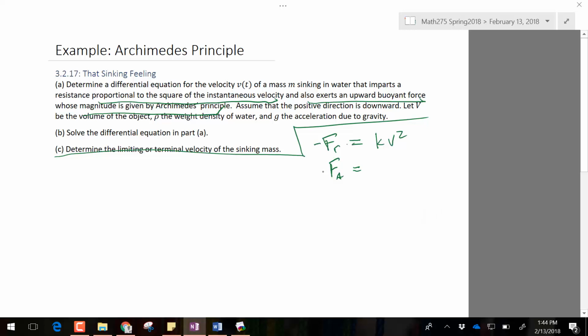We can make it negative now, but I was going to make it negative later. So Archimedes principle is this: the buoyancy.